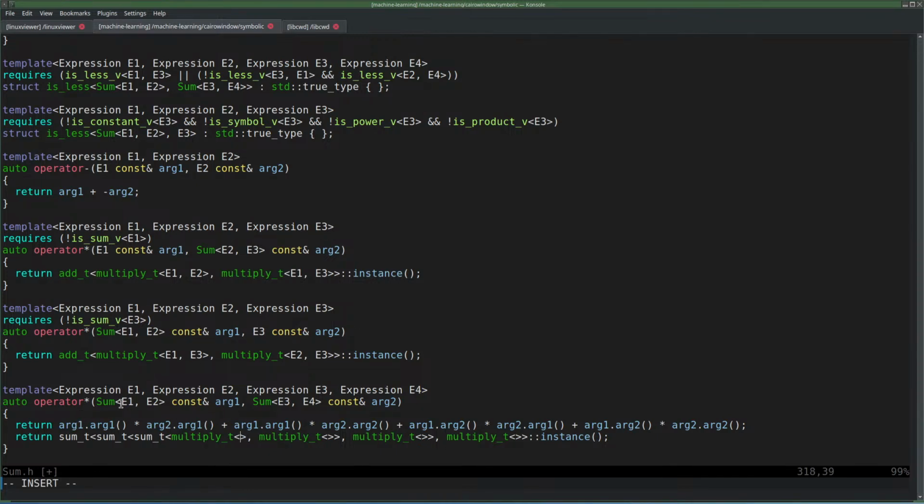Arg1 is of course e1. Arg2, arg1 is e3. Arg1 again is again e1. Arg2 is e4.